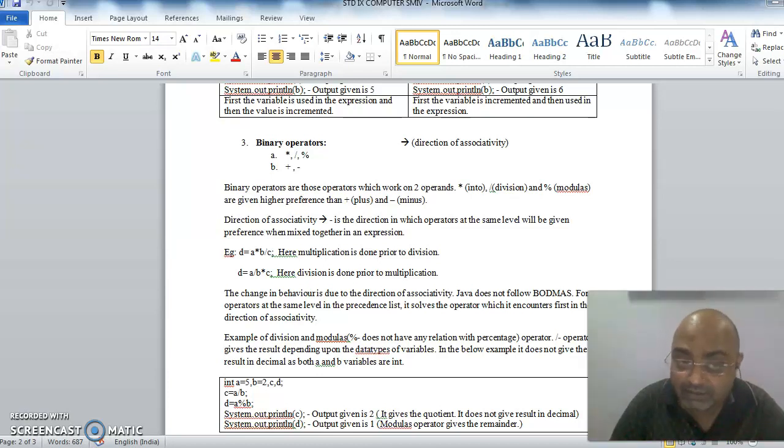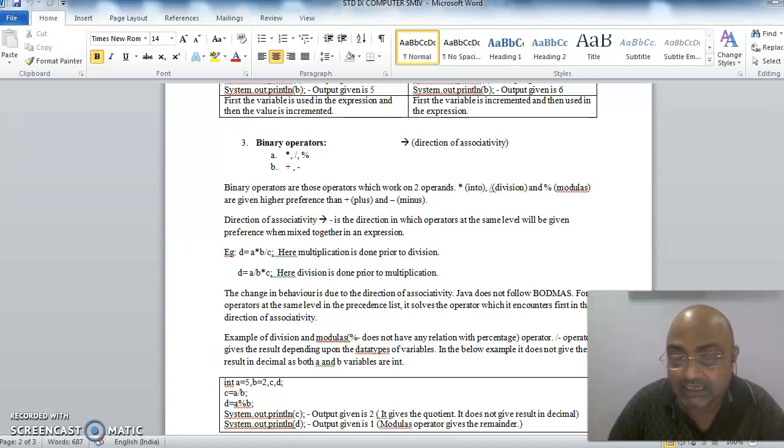Now notice multiplication, division, and modulus are in the same level. It is not like BODMAS where division was ahead or on the top and then below division was multiplication. Here multiplication, division, and modulus are at the same level, and they all are given equal preference.